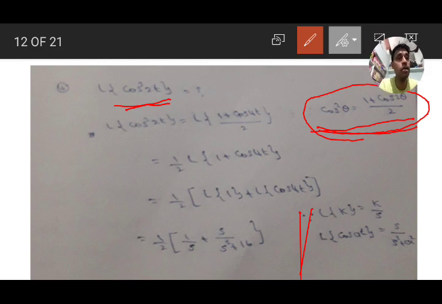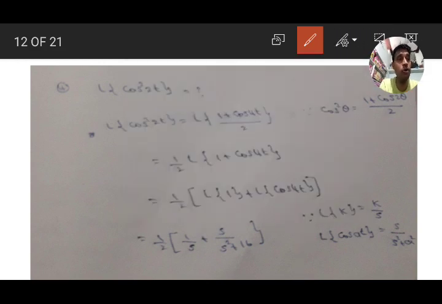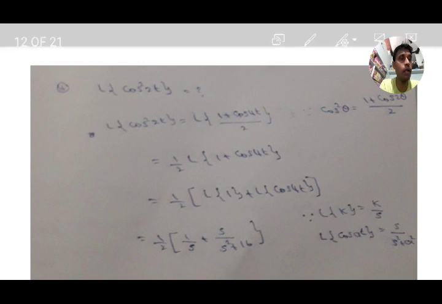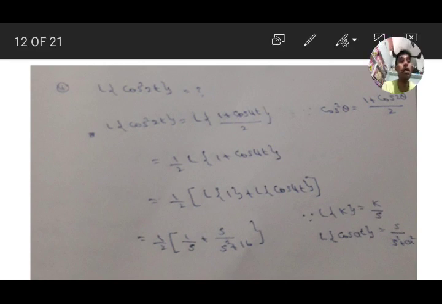Write down as quickly as possible. Here we are doing first the cos square simplification, next linearity property, next standard formulas. Okay, let us go for the next problem.